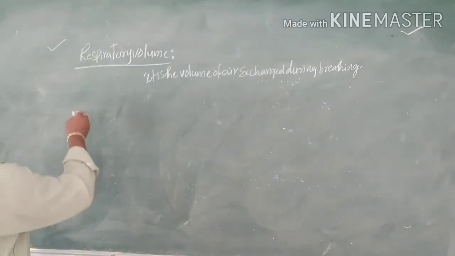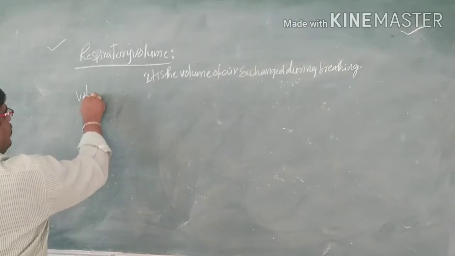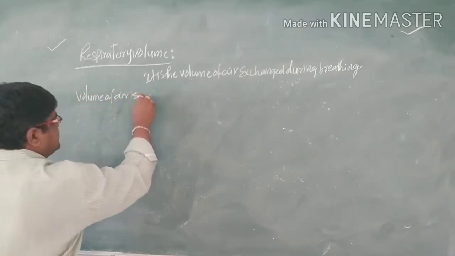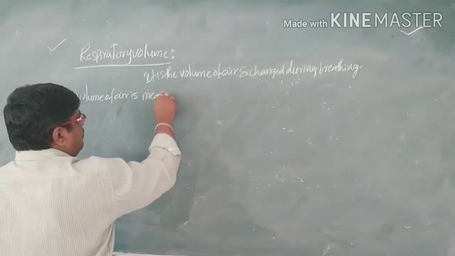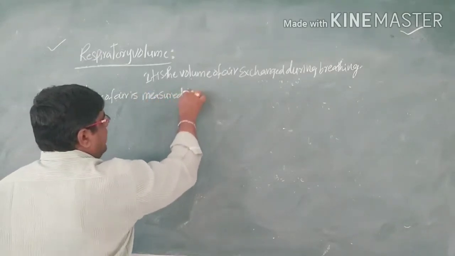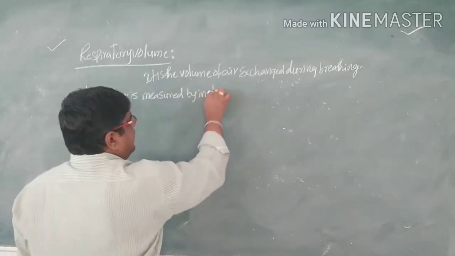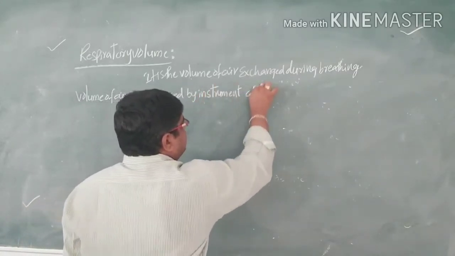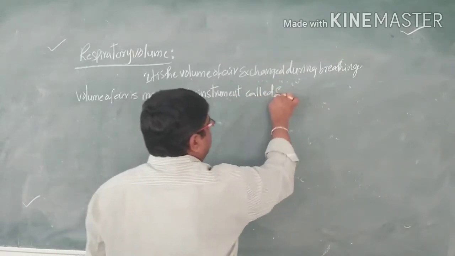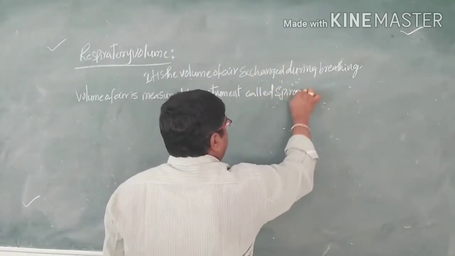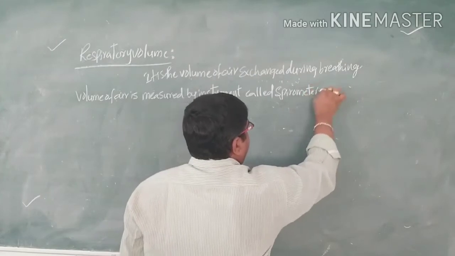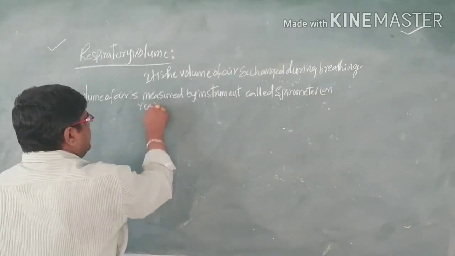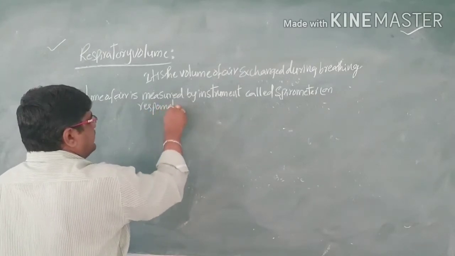The volume of air is measured by an instrument called a spirometer, otherwise called a respirometer.